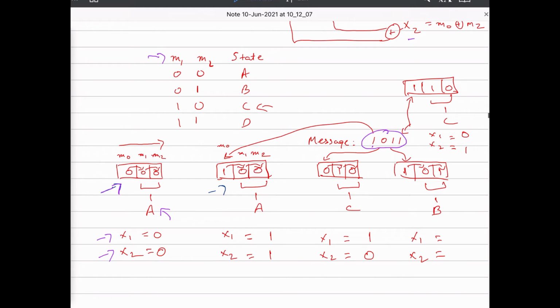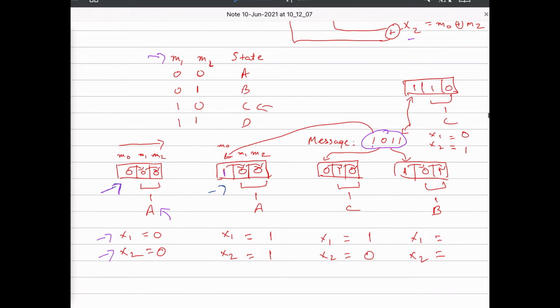I just explained that m0 will be your message bit. So you can see m0 has become 1 in the next step. Since it's a shift register, remember that shifting happens every clock cycle.